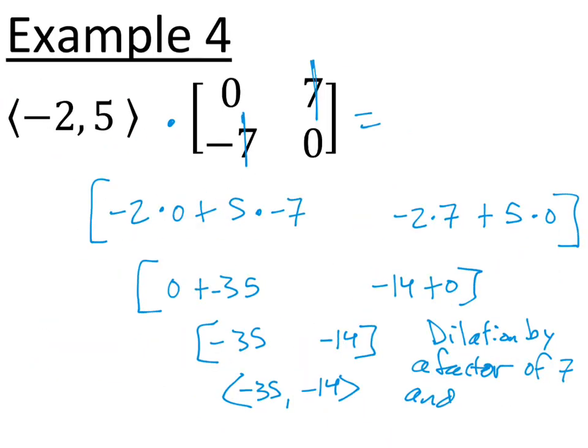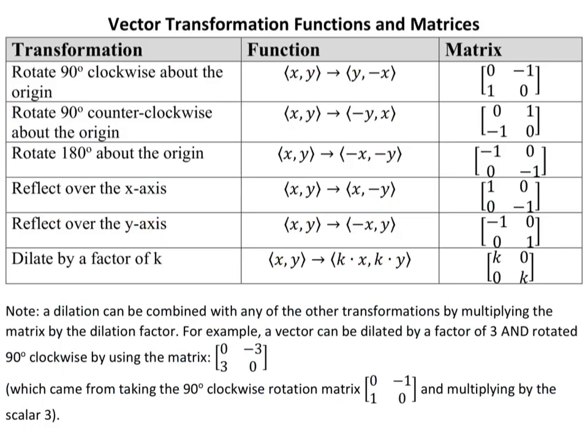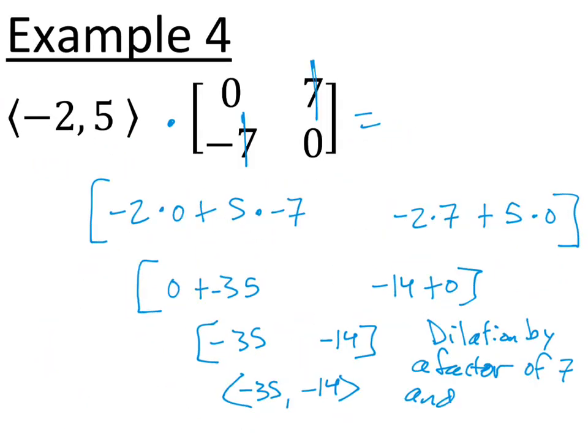If we pretend those are 1s, we got 0, 1, -1, 0, which is this one, which is a 90-degree counterclockwise rotation. And so our example here dilated by a factor of 7, and rotated 90 degrees counterclockwise. And there you go. Sometimes it's got 2 transformations in one, but you can deal with that. I believe in you. Good luck out there.